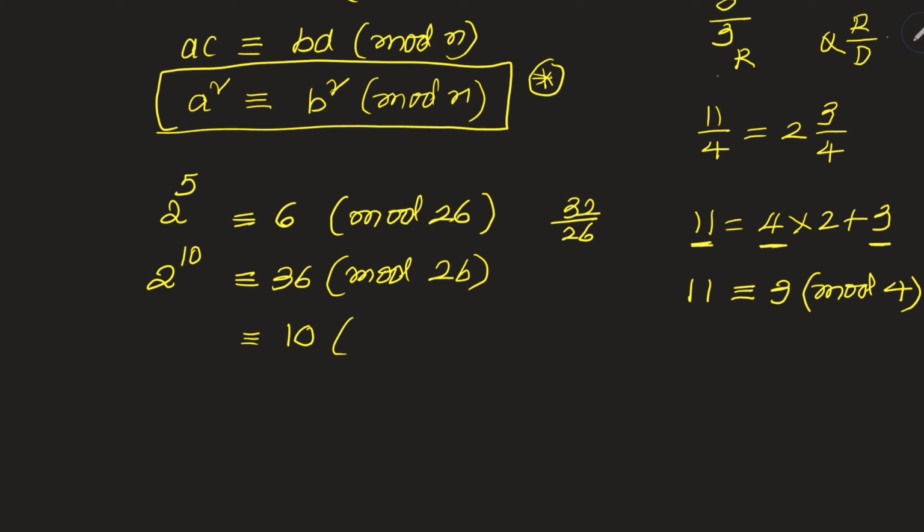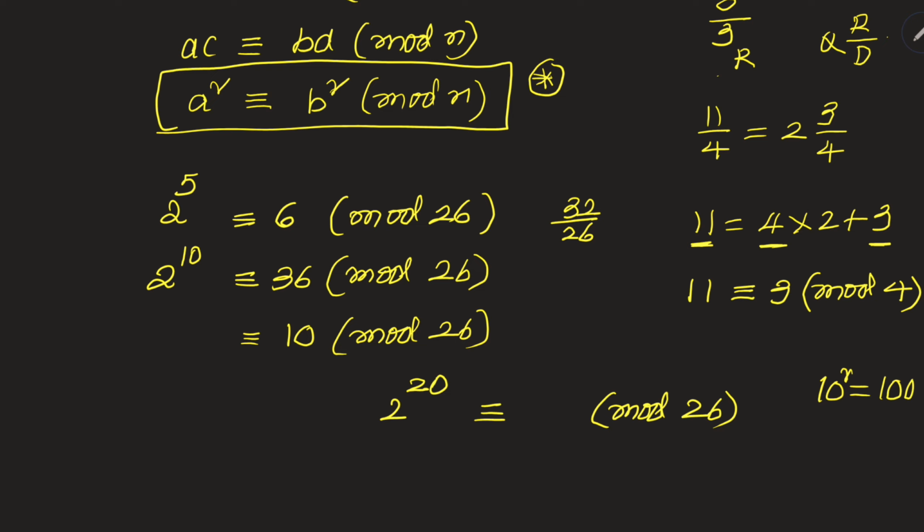You will have the remainder as 10 mod 26. Now let's go to the next one. We'll square it again and say 2 power 20 divided by 26, then the remainder will be 10 square. 10 square is 100. When you divide 100 by 26, 3 times it will go, remainder will be 22. So 22 mod 26. Now let's square it again.